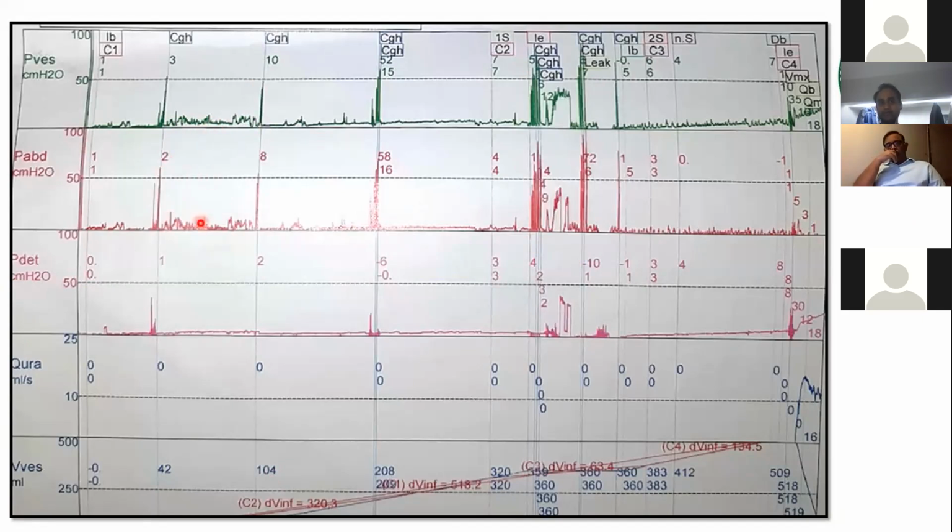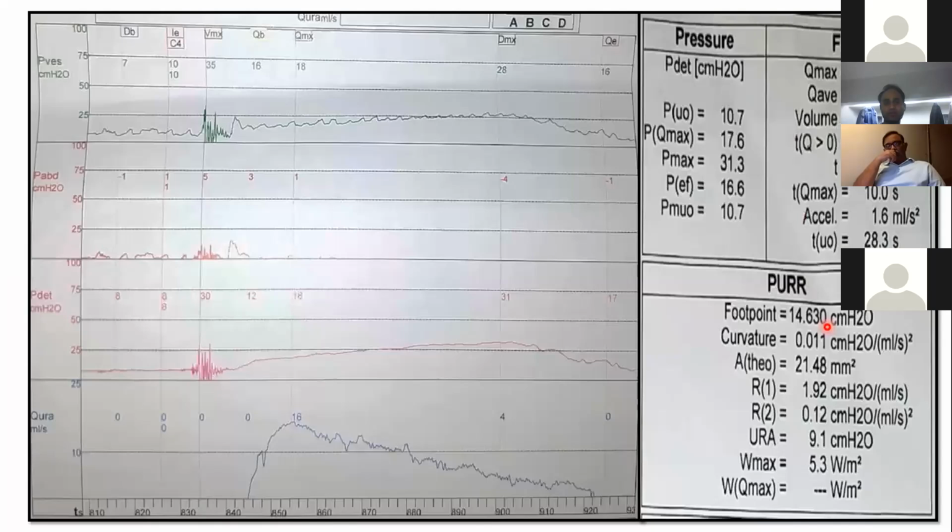The vesical pressure, the abdominal pressures, and the detrusor pressures. These are basically the artifacts that we are looking at. She has some leak or incontinence with the rise in detrusor pressure, and she has basically a stress incontinence.